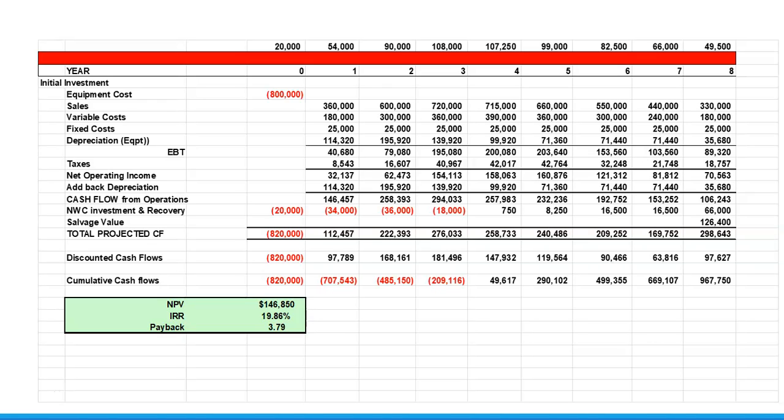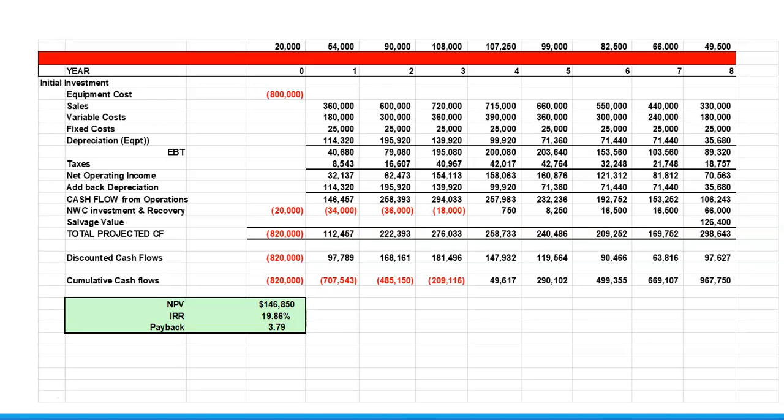And of course, we're going to do an example just like this so we can actually see the calculations done step by step. We have our taxes based on our tax rate, add back the depreciation, and that gives us our cash flow from operations. We also have that the net working capital requirement changes every year.